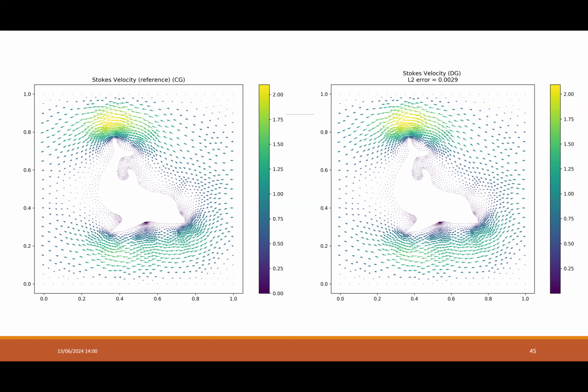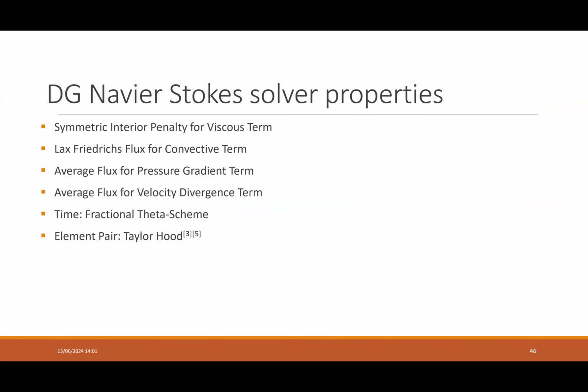So now we know all the terms that need to be treated. SIP method for the viscous or diffusion term, Lax-Friedrichs flux for the convective term, the two that I mentioned just now, and then the fractional theta scheme, which I mentioned earlier. And for the element pair, Taylor-Hood on each element: order two for velocity and order one for pressure.